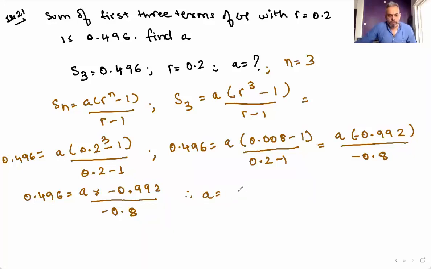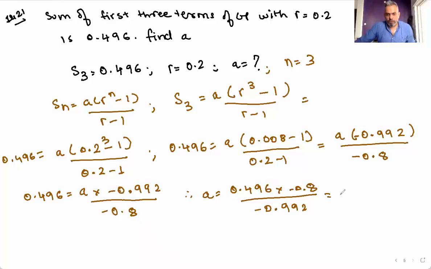A is equal to 0.496 into minus 0.8 upon minus 0.992, which is equal to, please solve it, use calculators, 0.496 into 0.8 divided by 0.992.